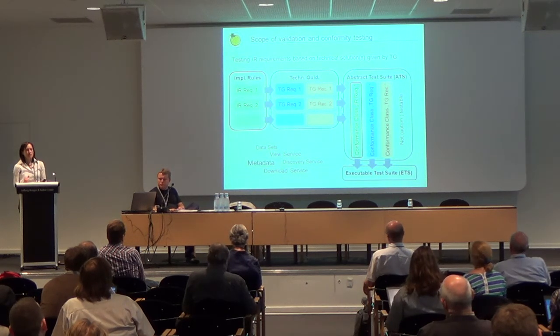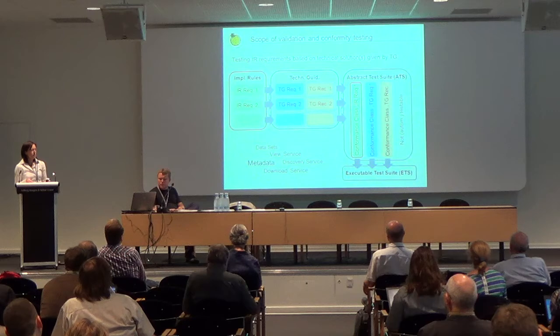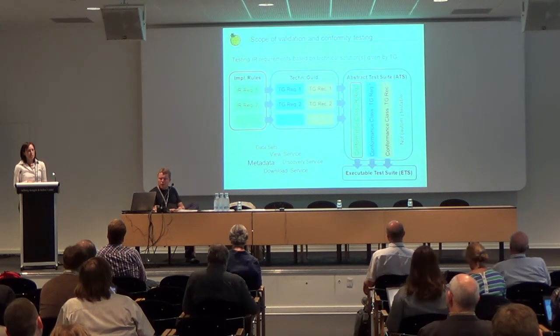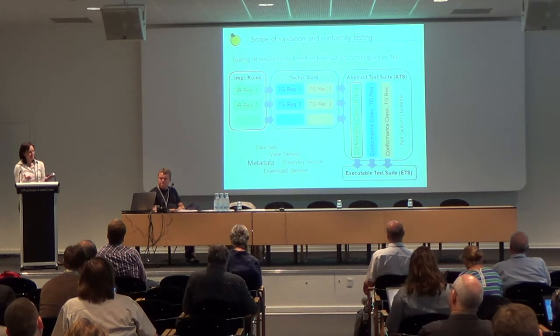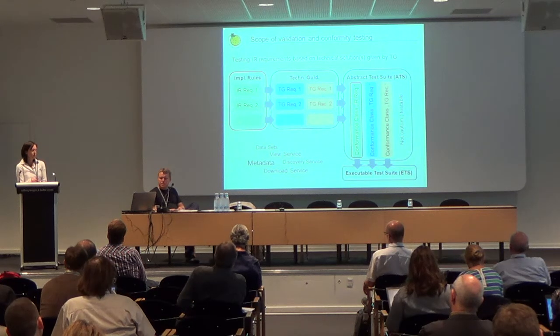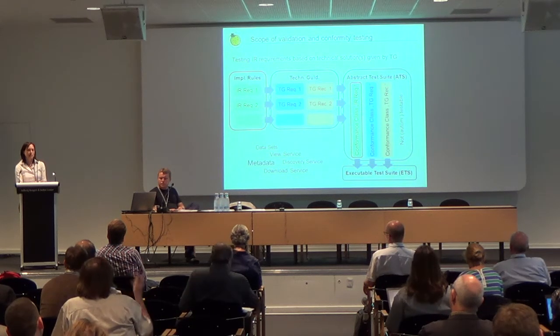And then we are able to develop or derive executable test suites, just a piece of software that enables you to automatically test what is defined in the abstract test suite.